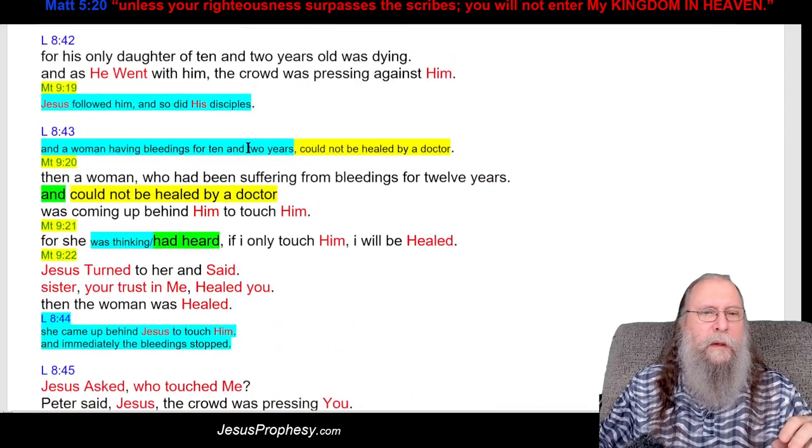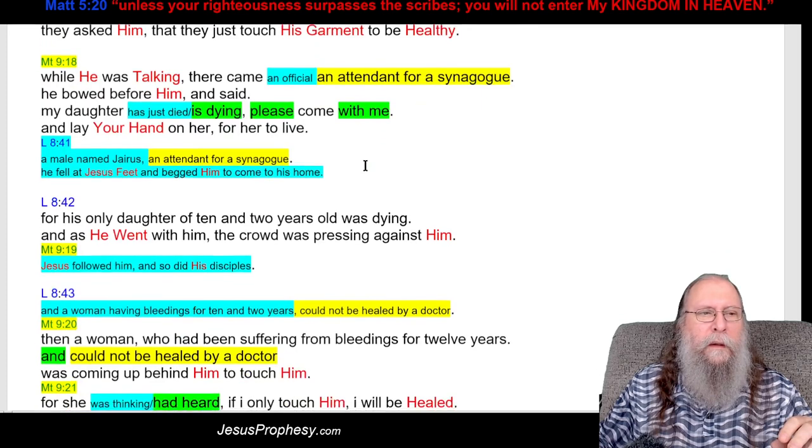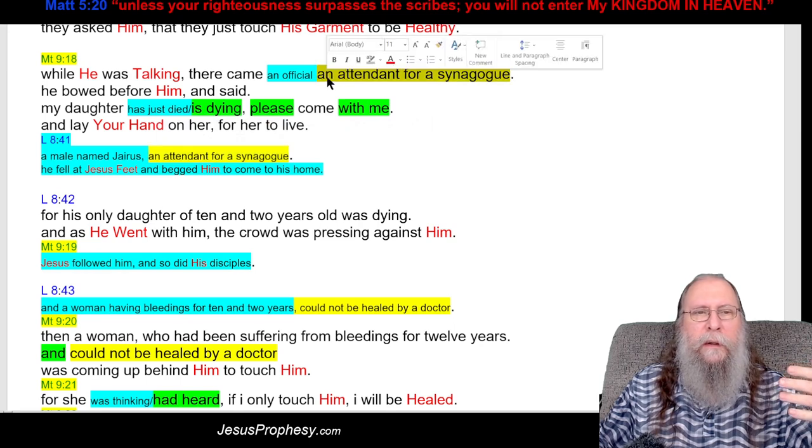So I've got quite a bit of editing here to not use these verses here in Luke. I'm going to take this group and stick it up here. And that way there came an attendant, not an official.